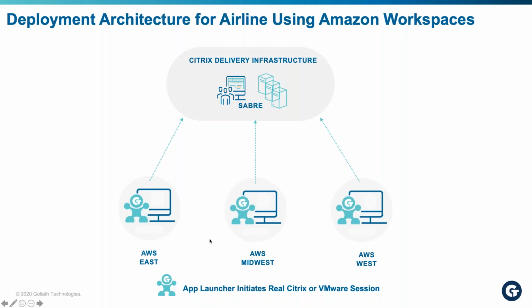And what's actually happening is from these different regions, there's a lightweight piece of technology that is logging on and launching the Sabre application 24/7 from these regions, so that if there is an issue that is going to present itself to the users as not being able to access the environment, IT is going to get an alert before users actually start to complain so they can get ahead of those issues and solve them.